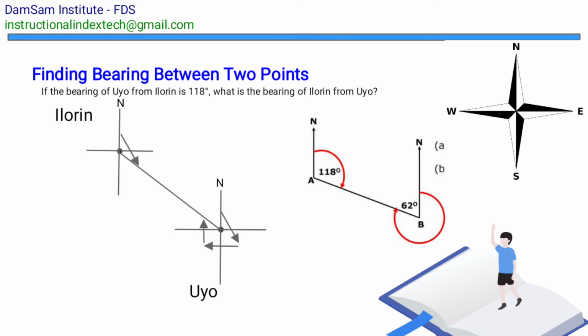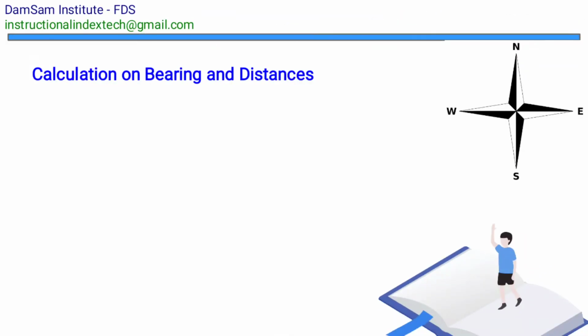And once we do that, we form 298 degrees. So if the bearing of Uyo from Ilorin is 118 degrees, then the bearing of Ilorin from Uyo will be 298 degrees. Alright, let's proceed and see how we calculate distances and bearing when a question is given.